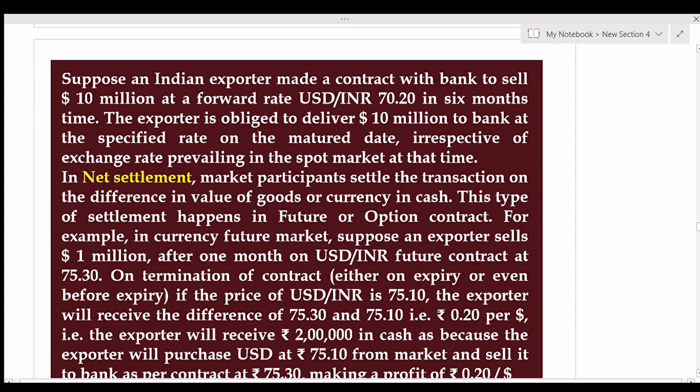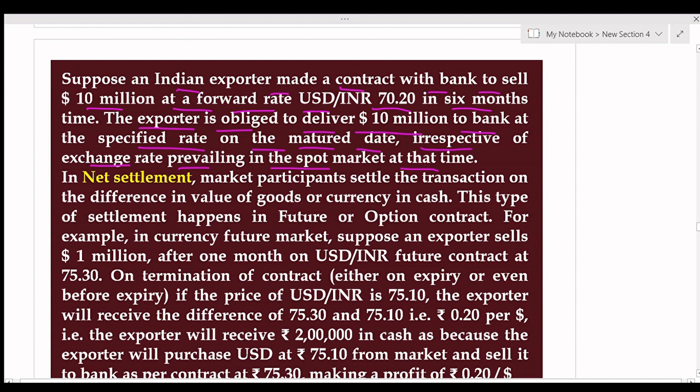Suppose an Indian exporter made a contract with a bank to sell $10 million at a forward rate USD INR 70.20 in 6 months' time. The exporter is obliged to deliver $10 million to the bank at the specified rate on the maturity date, irrespective of the exchange rate prevailing in the spot market at that time.